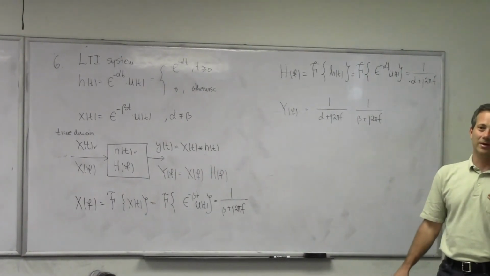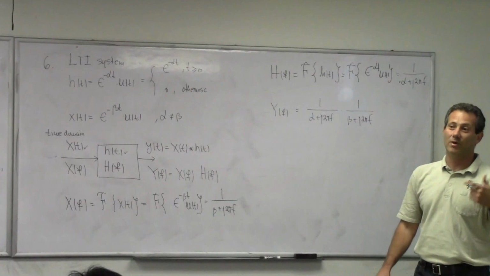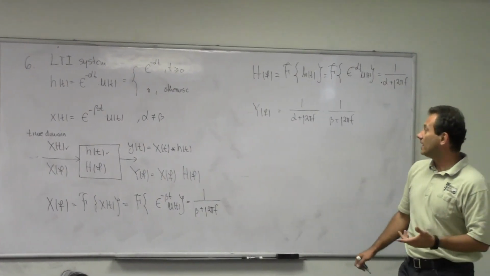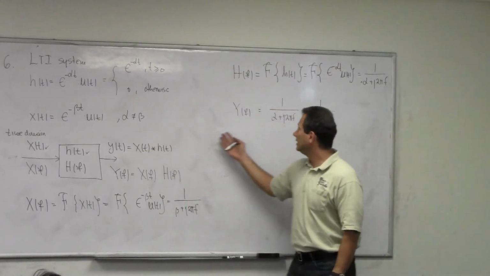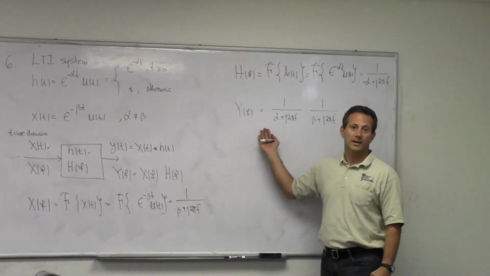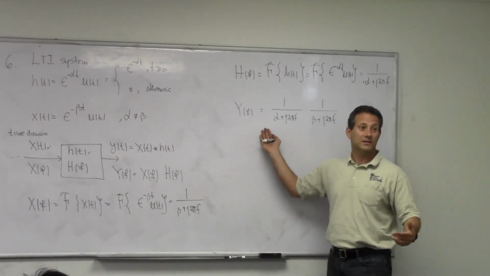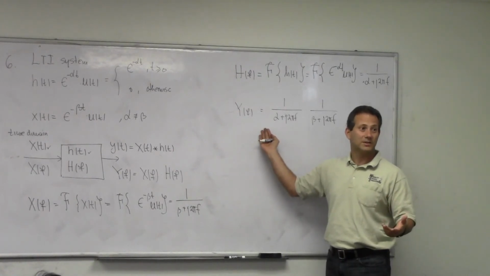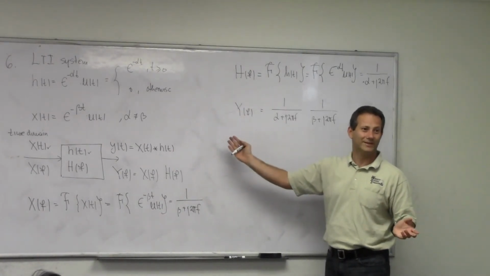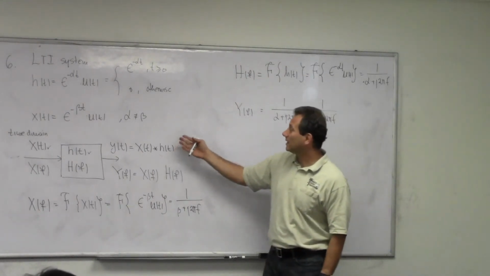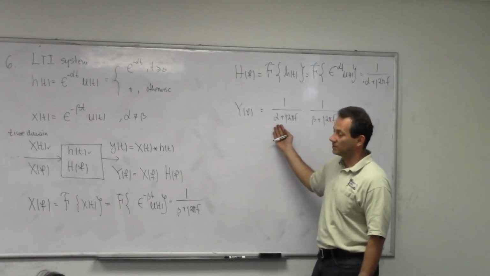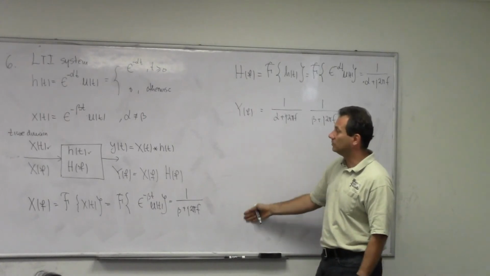You have to pay somewhere. It is the question where you need to pay. If I now really want to know y of t, I have to take the inverse Fourier transform of this. And in complexity, that's pretty much the same as doing the convolution. So if I need y of t, then I have to take the inverse Fourier transform of this, and I think I have enough time to do that here.